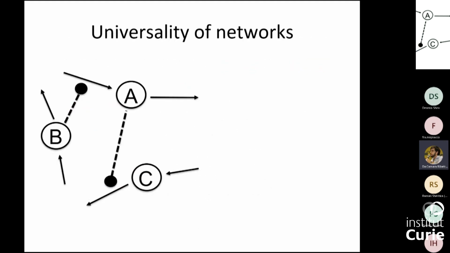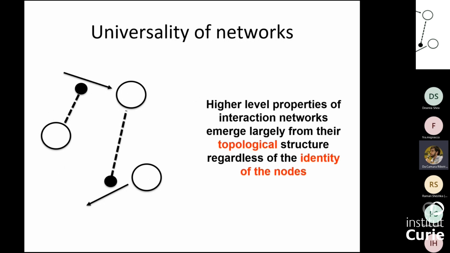So, about universality of networks. Here we have a representation of a network, and one of the most fundamental universal features in network theory is that the higher level properties of this kind of network emerge largely from the topological structure of the network, and not from the real identity of the nodes.